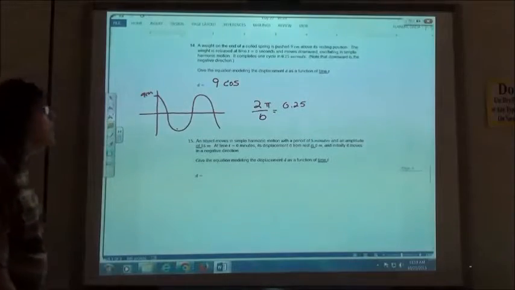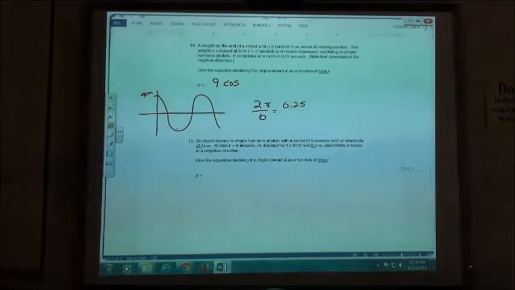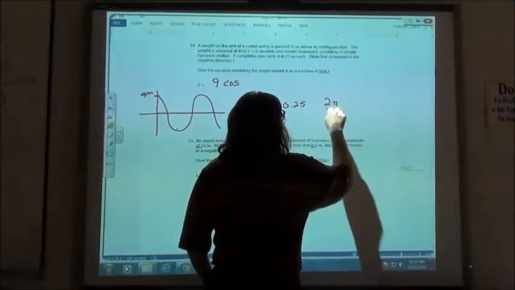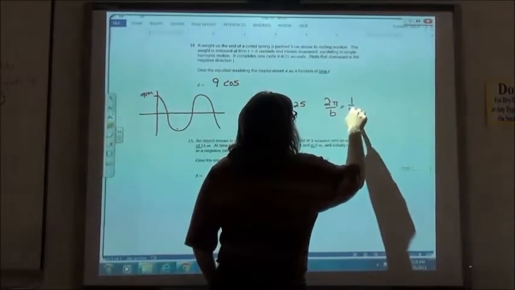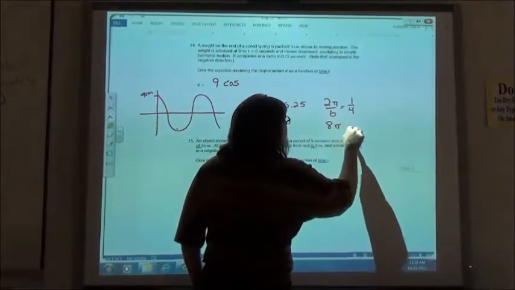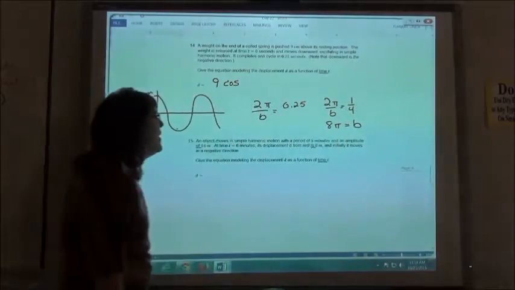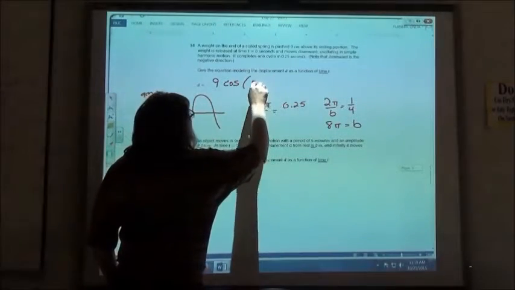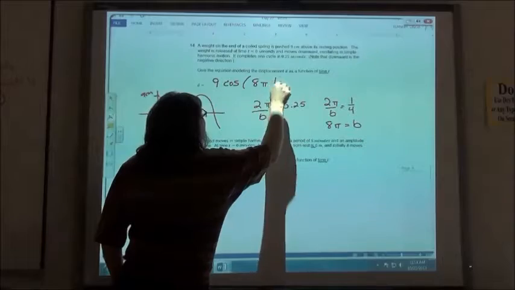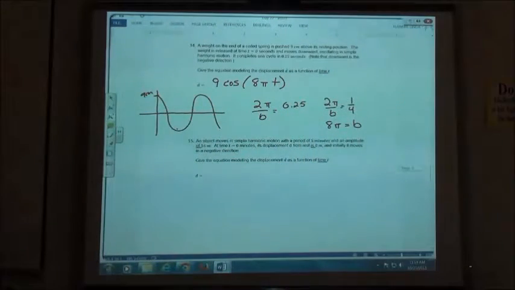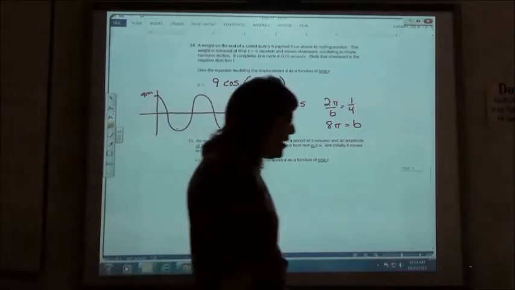Now I probably would change 0.25 into 1/4 since I've got a fraction here. So I'm going to say 2 pi over b equals 1/4. And then I can solve by cross multiplying. So 8 pi is equal to b. I'm going to have 9 cosine of 8 pi t then, since I'm using as a function of time. And so d equals 9 times the cosine of 8 pi t would be my equation.